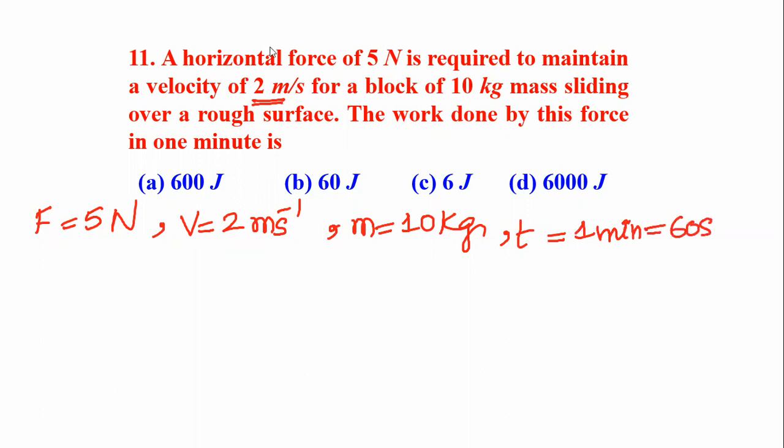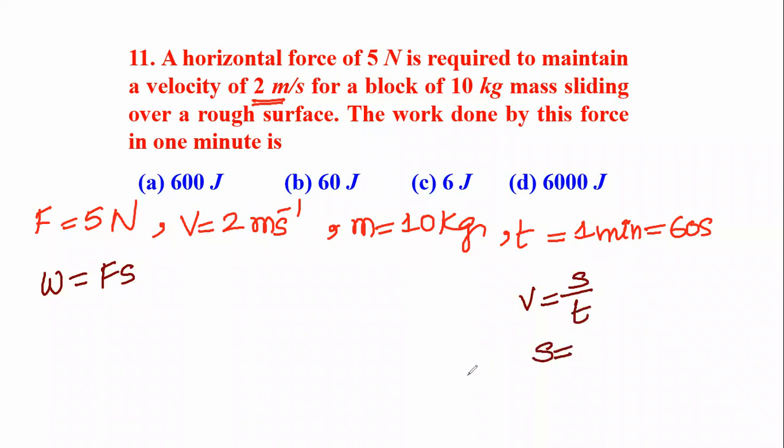So work done is equal to what? Force into displacement. Work done W is equal to F into S. Otherwise, velocity is equal to displacement by time.